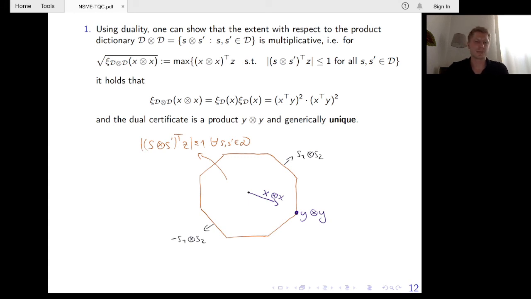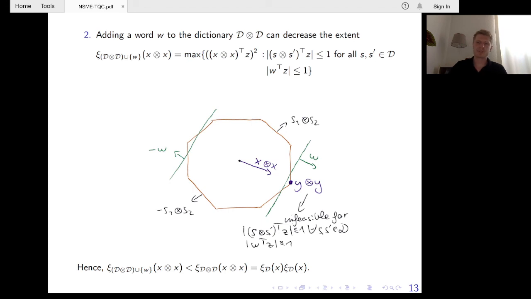If you take, I don't know, x and y, you cannot compute the extent of x and y with respect to d, because the dimensions just do not match. Then you do not need to observe multiplicativity here. Okay, so what do we have? If we compute the extent of x tensor x, it's multiplicative. And we have this generically unique dual witness here.